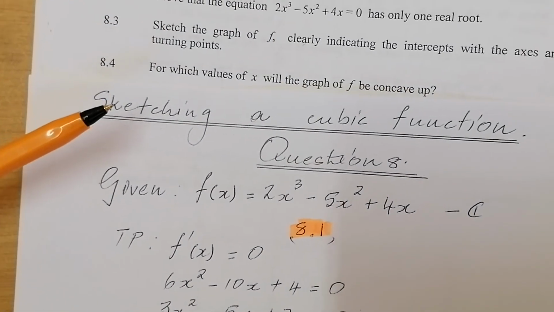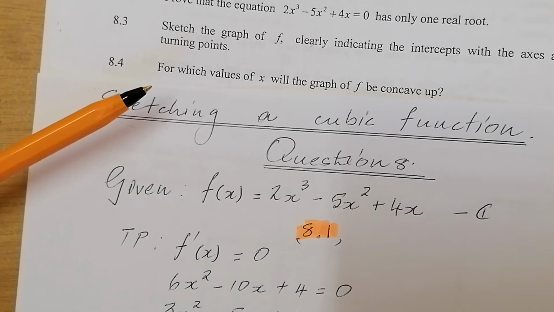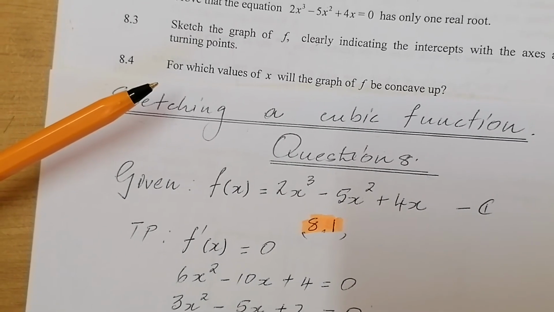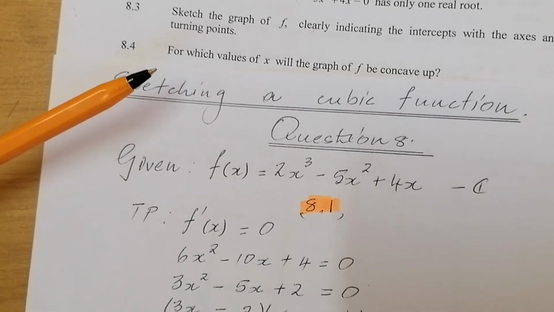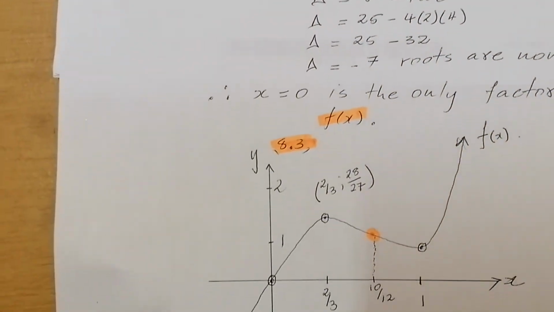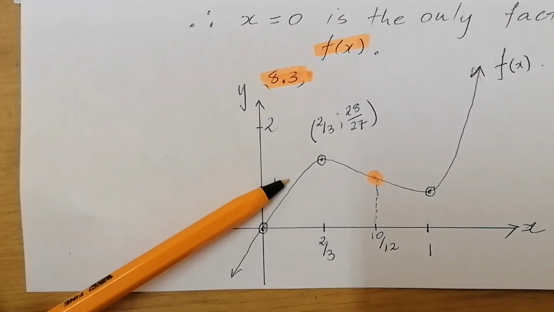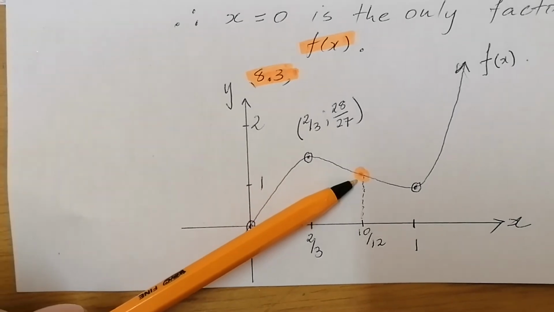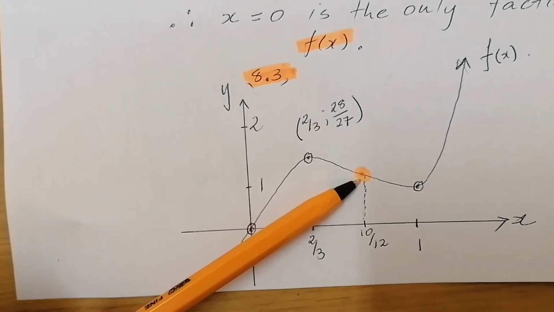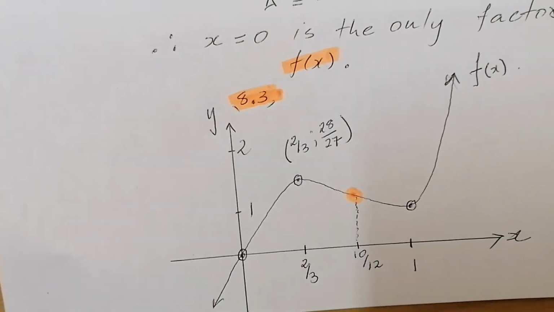Next question says, for which values of x will the graph of f be concave up? Now, let's visit the graph. If you look at this graph, from here up to somewhere there, it is concave down. And from here up to somewhere there, it is concave up.